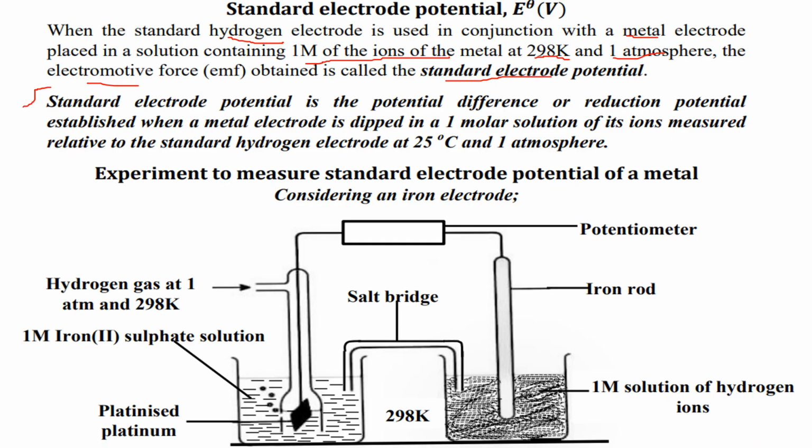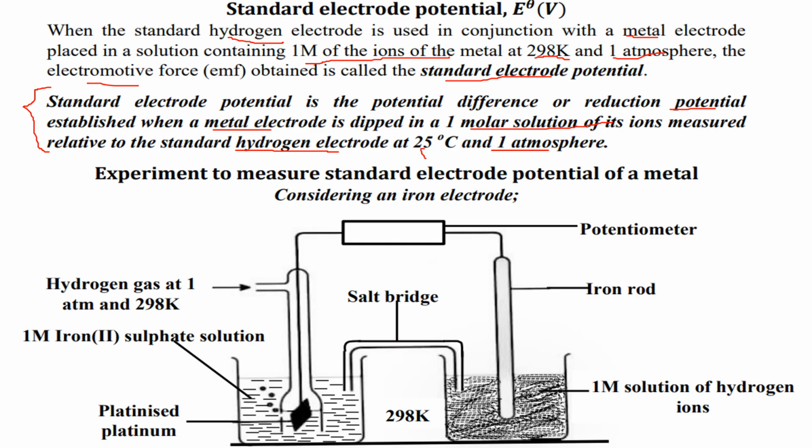So by definition, we are going to define a standard electrode potential as the potential difference, or simply the reduction potential, that is going to be established when a metal electrode has been dipped into a 1 molar solution of its ions. But this one must be measured relative to the standard hydrogen electrode at room temperature and 1 atmosphere.